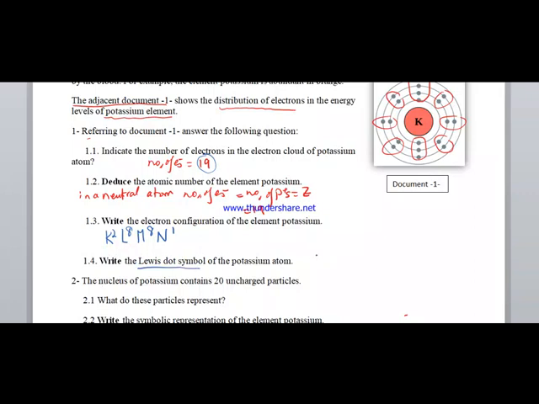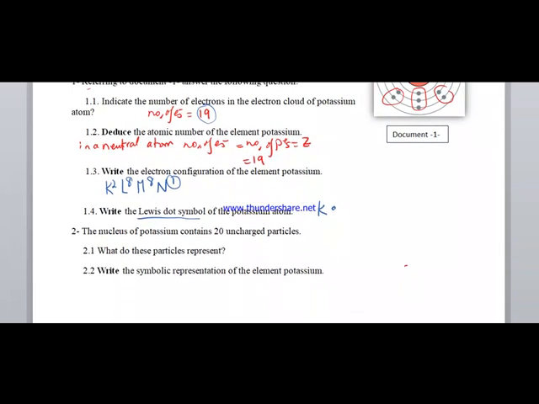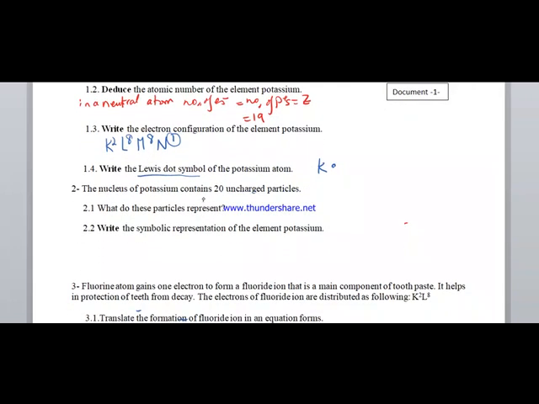Potassium has the symbol K, and we have one valence electron represented by 1 dot. The nucleus of potassium contains 20 uncharged particles.